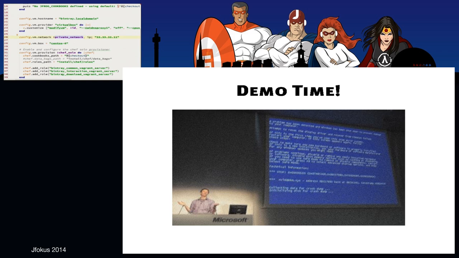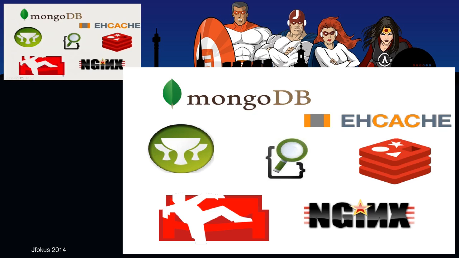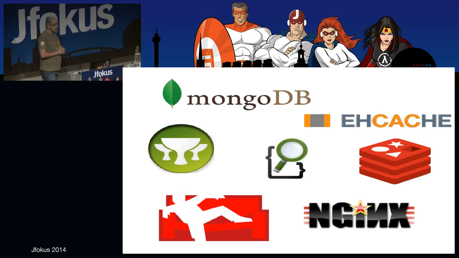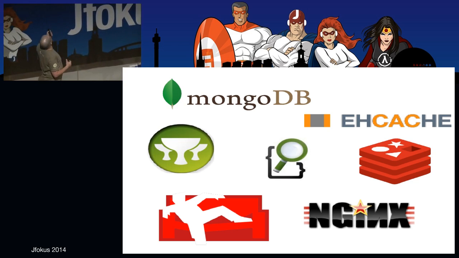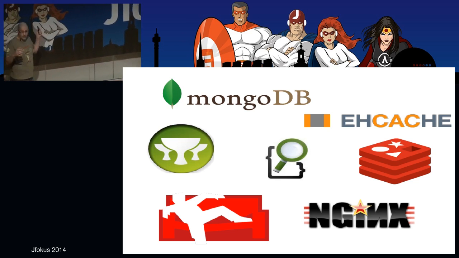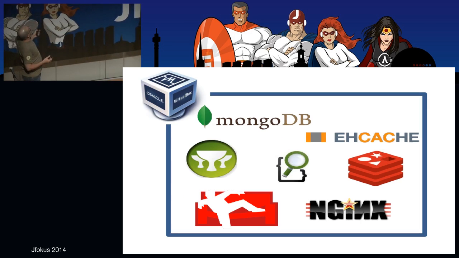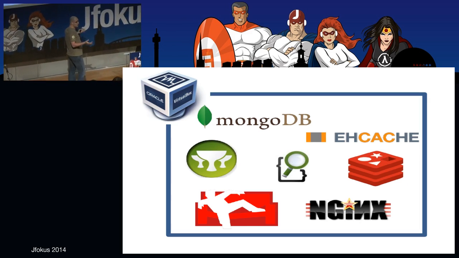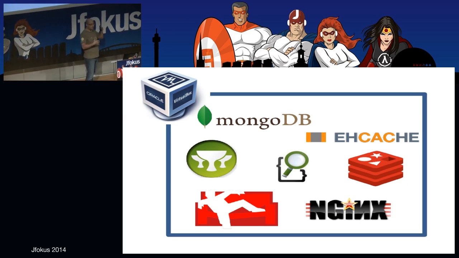Actually, I will show you a couple more slides to explain it. Okay, so the picture that you already saw, this is our setup. Now, as a developer, I write my code here. I write a Groovy Grails application. So if I put all that in my VirtualBox, there are no communication issues between Grails and the rest of the services, right?